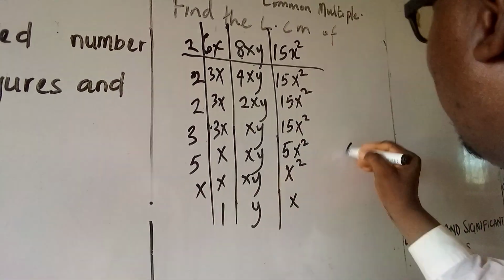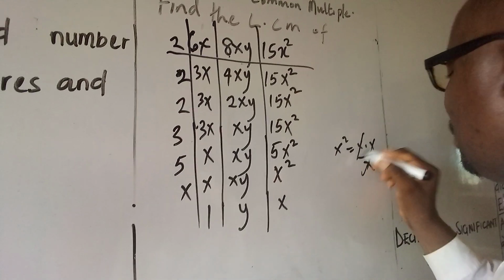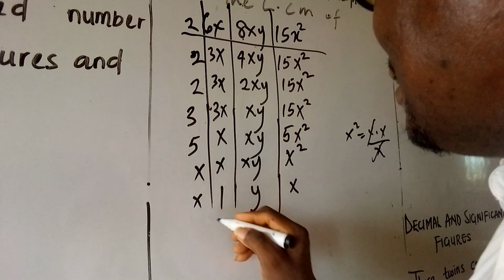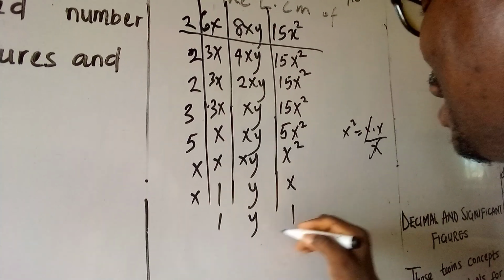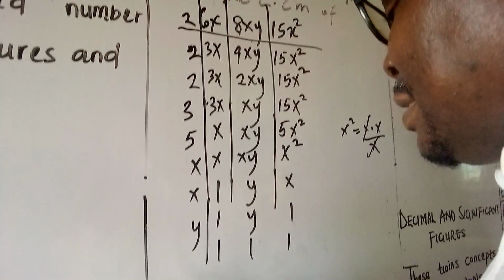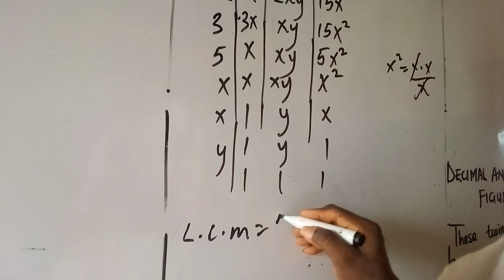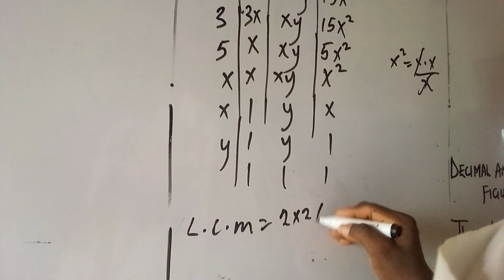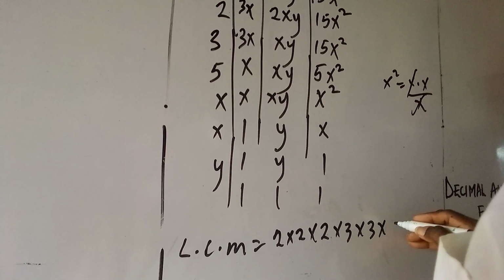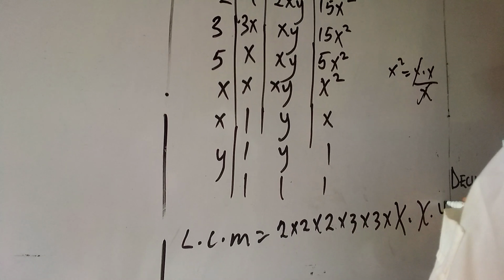Okay? Because look, x squared means x times x. Divided by x, 1 is to remain, 1x. That's why we have it here. So the same way x can still go, 1, y, and 1. Then y can now go, everything is now 1, 1, 1. So LCM will be equal to 2 times 2 times 2 times 3 times 3 times x times x times y.